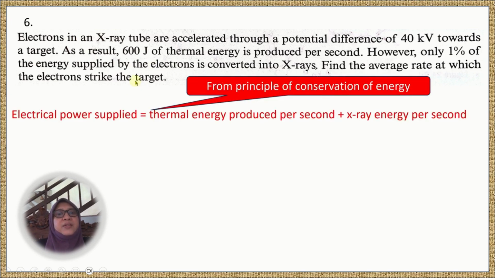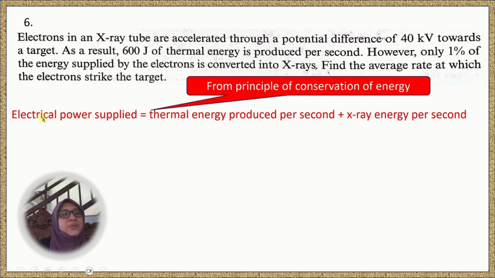Okay, from the question here, so electrical power supplied. We use the principle of conservation of energy. So from the electrical supplied energy, we can also use power, because power is energy per second. Power P equals to E over time, so joule per second unit.